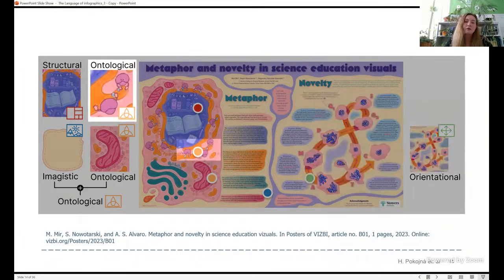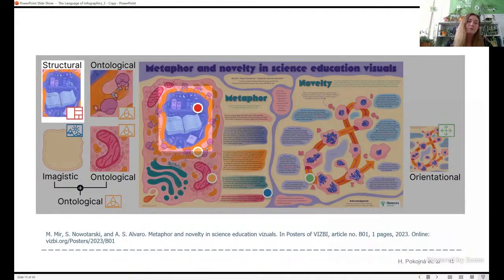We have ontological metaphor where these abstract ribosomes are being represented as copy workers. And we have the most complex structural metaphor where we have a nucleus being represented as a library where you have information organized in a very specific way. The information can be taken out, transcribed, and given back.